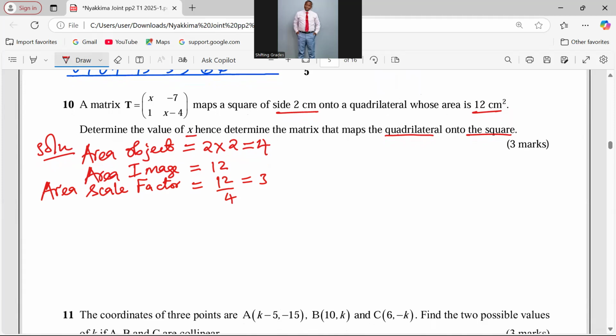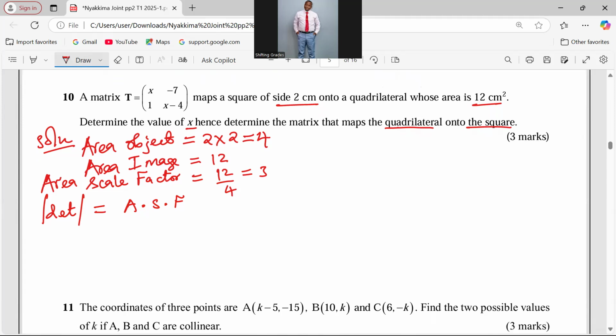Then something else we're supposed to know is that the value of the determinant is usually equal to the area scale factor. Therefore, the determinant of the responsible matrix in this particular transformation is supposed to give us a value equivalent to the area scale factor.